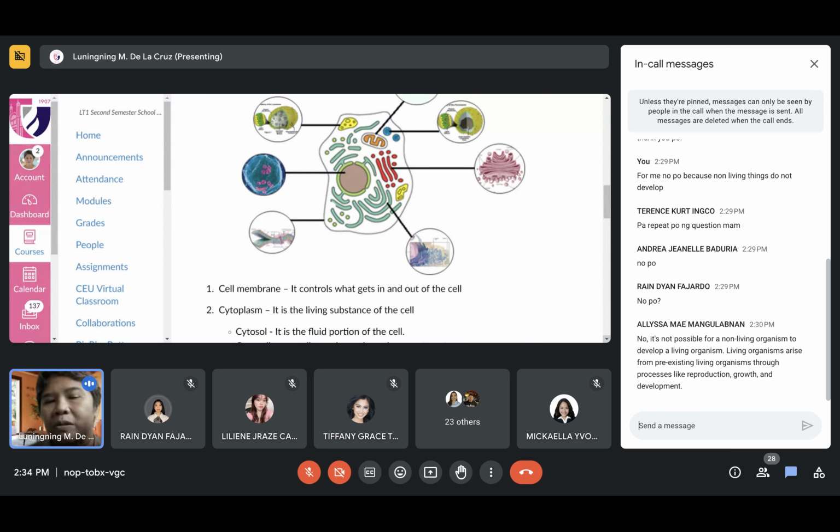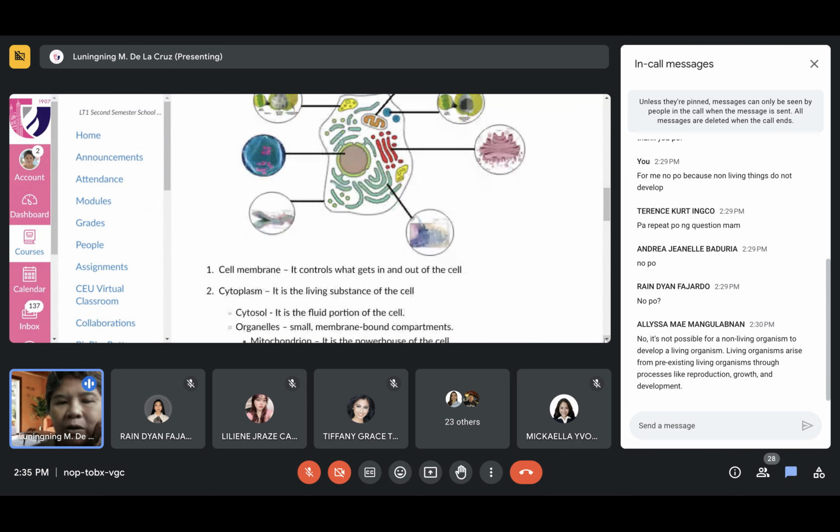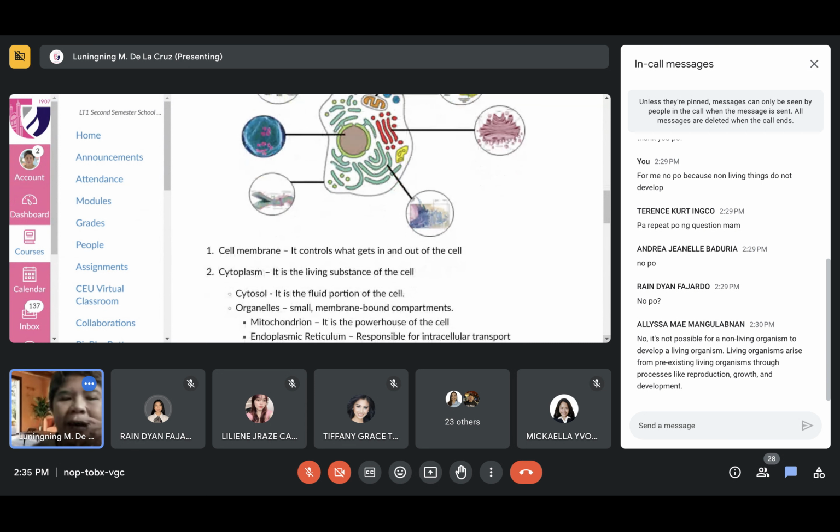This cell membrane is very choosy. Okay? Then we have the cytoplasm. The cytoplasm is where you can find your organelles. It is the living substance of the cell. While the cytosol is the fluid portion of the cell. Then we have the different membrane-bound organelles that can be found in our cell.